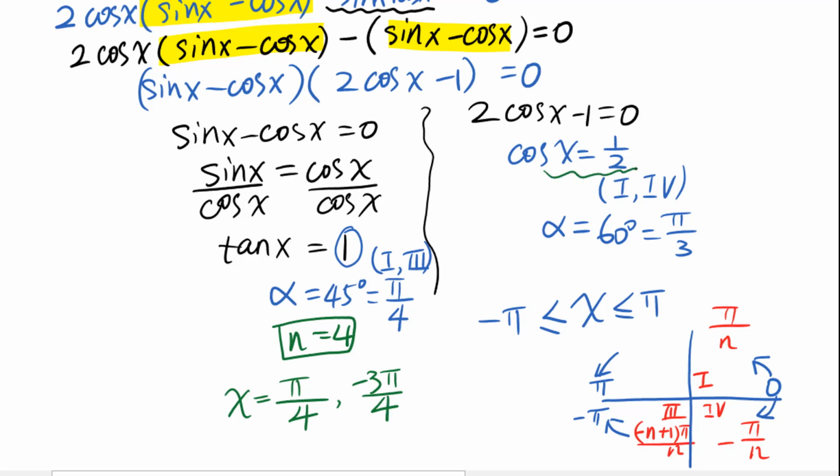For this equation, the first quadrant angle will be pi over 3 because n equals 3. And for the fourth quadrant, it will be negative pi over 3. We have 4 solutions to this equation.